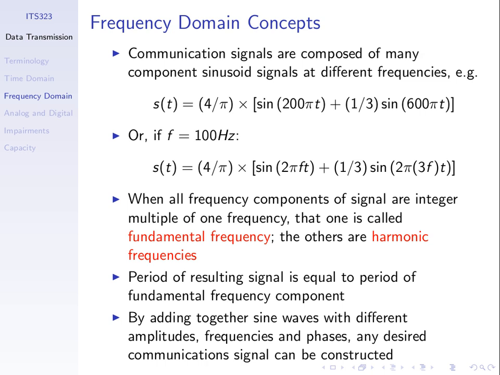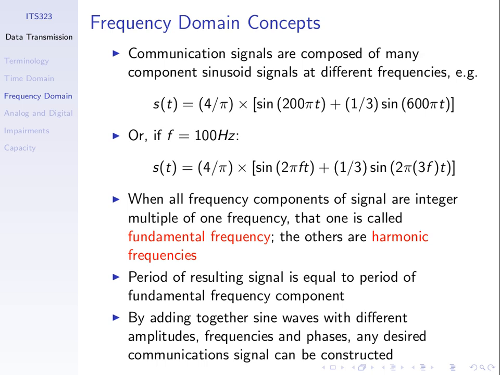We note that there's some connection between the two component frequencies. F2 is in fact 3 times F1. If a signal is made up of sinusoid components where the components' frequencies are all integer multiples of one, then that one is called the fundamental frequency, F subscript f.